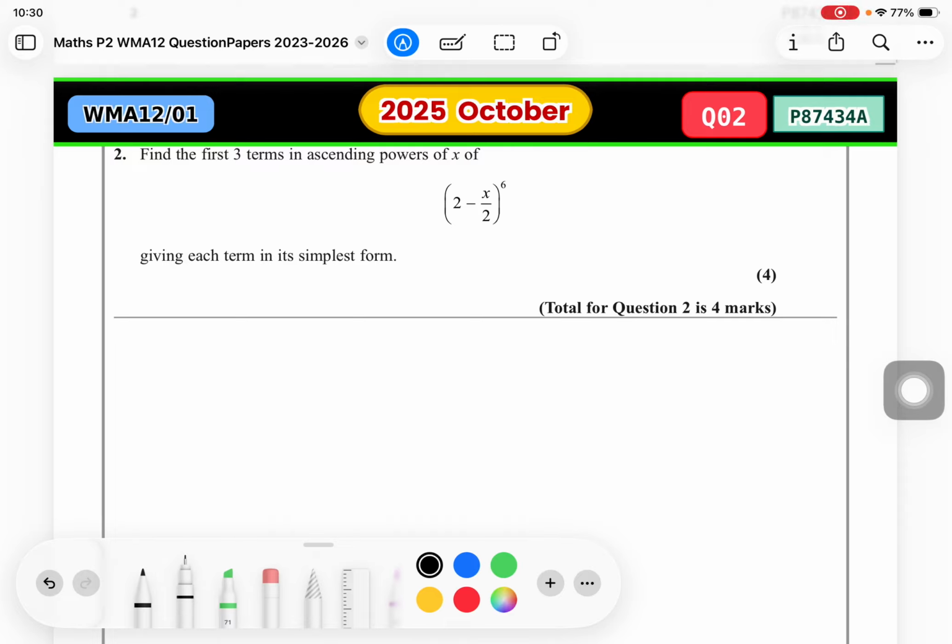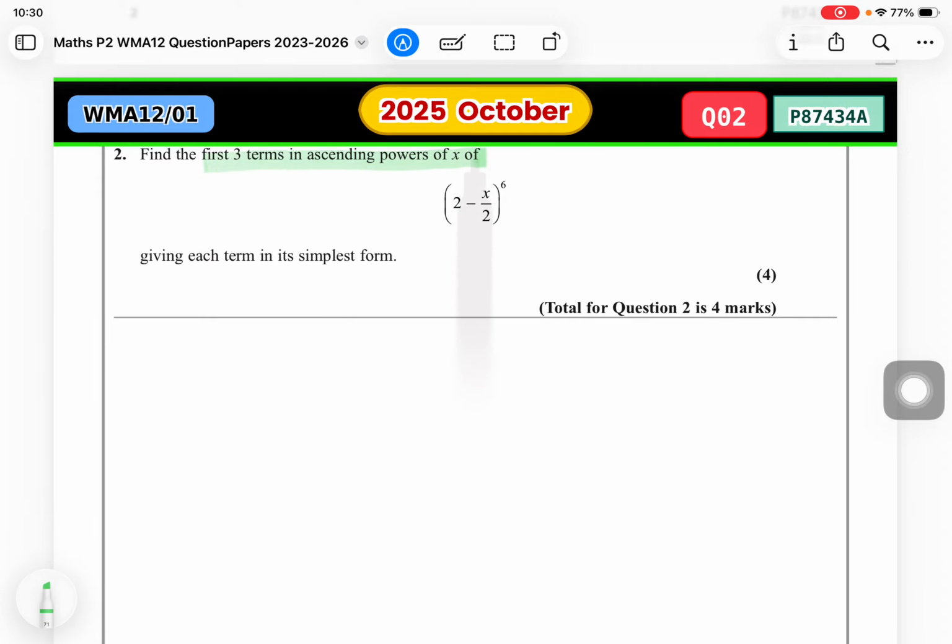Now let's start with the 2025 October paper, question number 2. In question number 2, they are asking for the first 3 ascending powers of x.